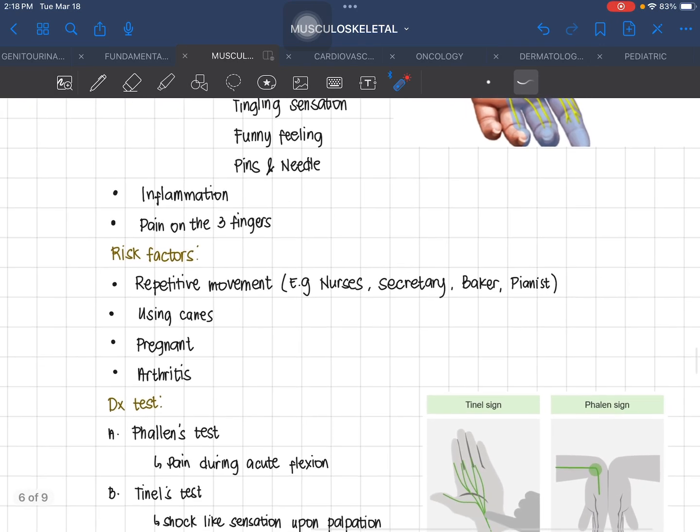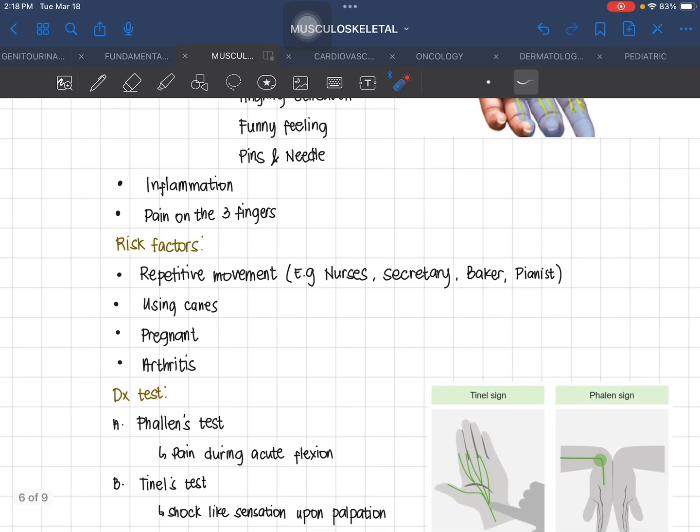So, ang diagnostic test dito, may tinatawag tayong Phalen's test o pain during acute flexion. Kapag naka-experience ka ng pain during acute flexion, you're positive, or diagnosed ka for carpal tunnel syndrome. So, ito yon.